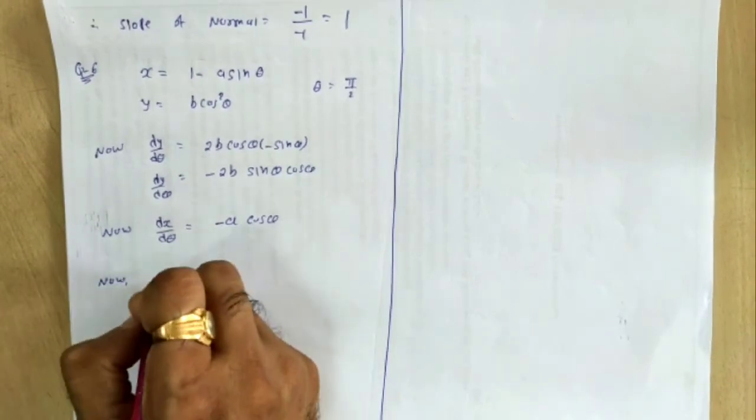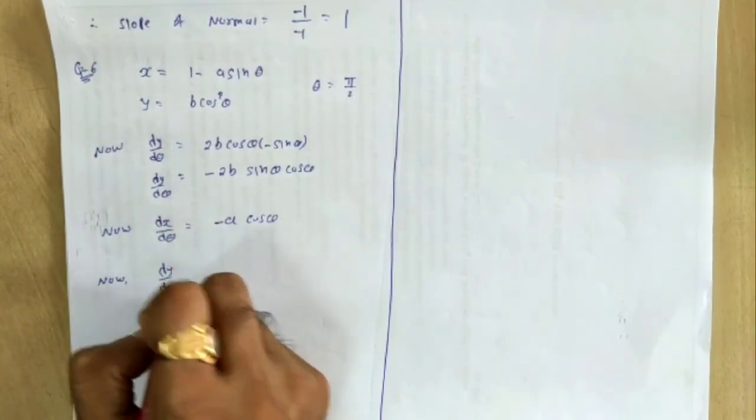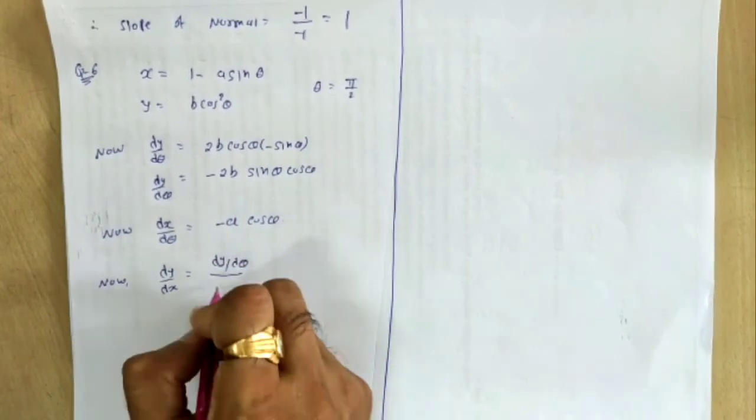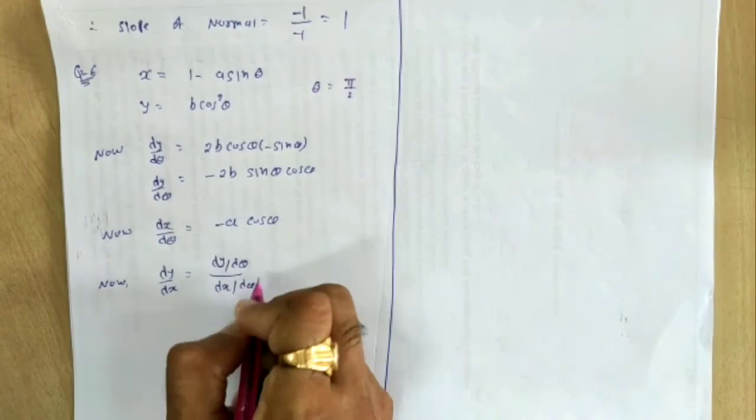So we are getting slope of tangent dy by dx, that is equal to dy by d theta divided by dx by d theta.